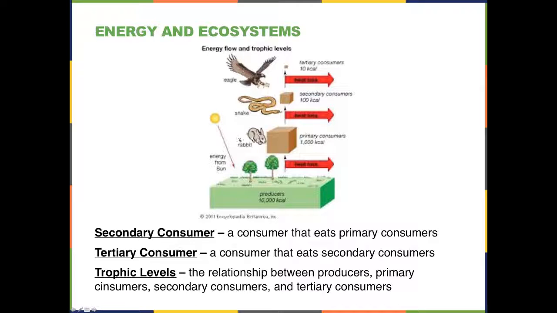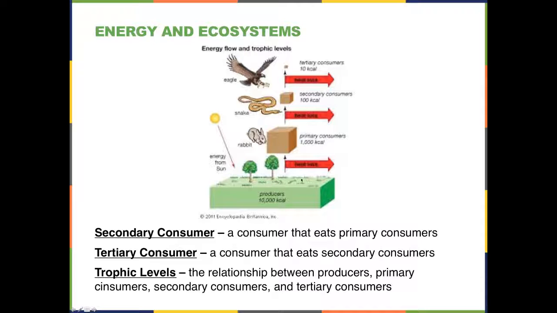Now the primary consumer, being a herbivore, always gets its energy from eating the producers. So that's the second trophic level, the first trophic level at which you'll see animals and not just plants. Then a secondary consumer eats the primary consumer, and subsequently the tertiary consumer eats the secondary consumer.